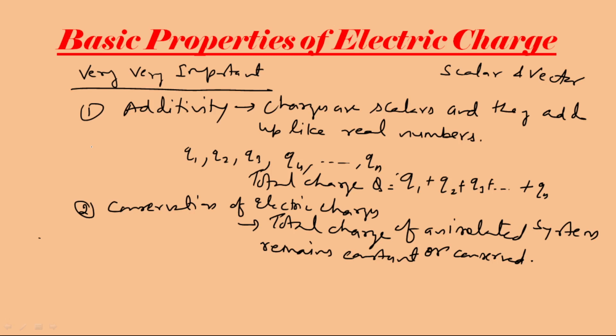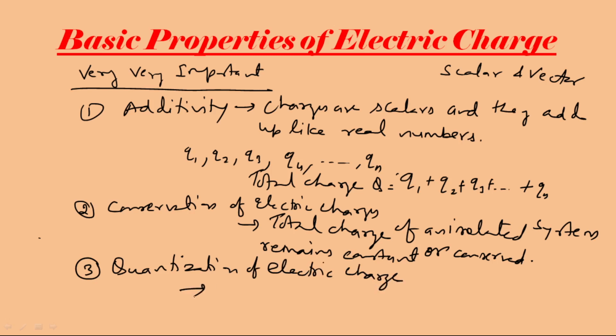So third, quantization. It is called quantization of electric charge. This states that electric charge is expressed as an integral multiple of the charge of the electron.